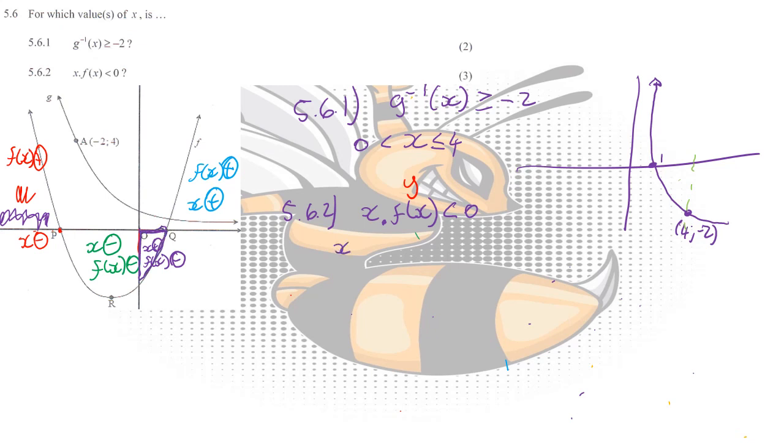Therefore, if you remember correctly, the x value at p was -3. So x must be smaller than -3, or your x value at O will be 0, and then the value at Q, which we calculated, would be 1. So x needs to be between 0 and 1, or it should be smaller than -3.